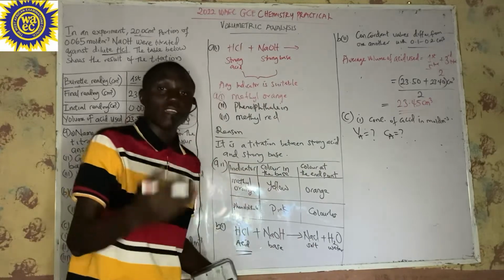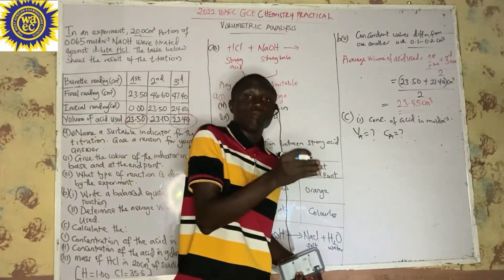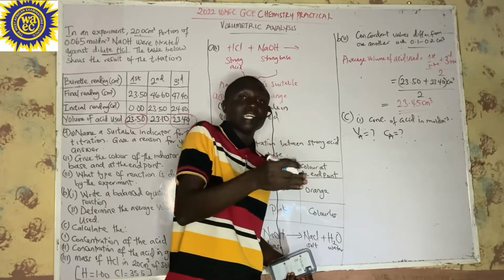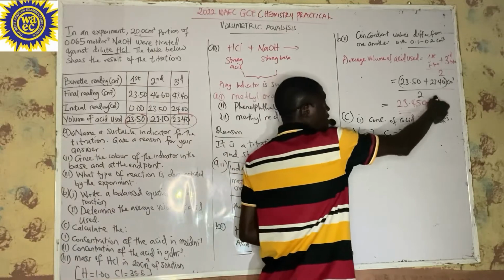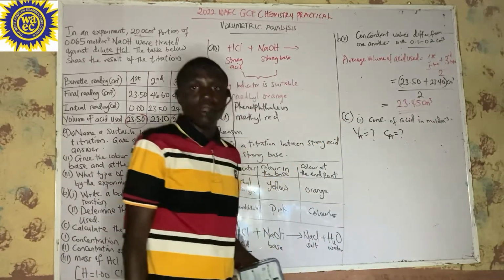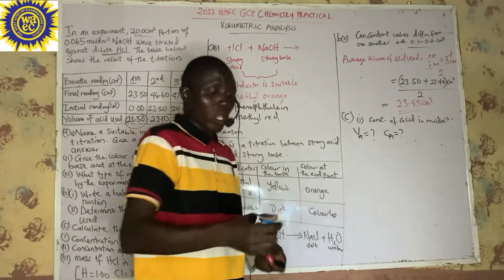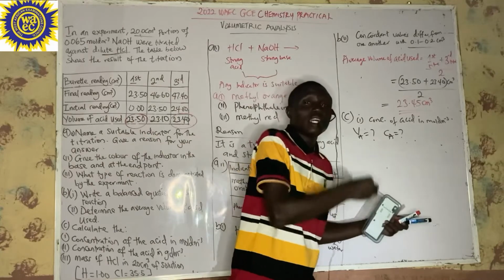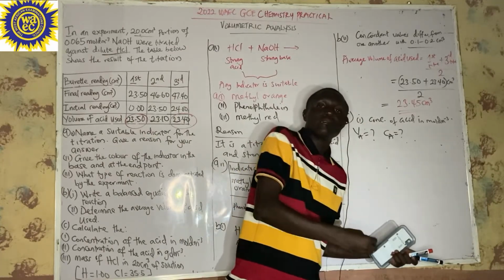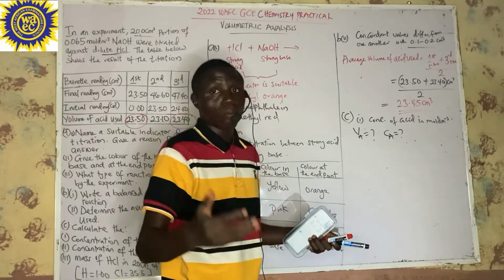The concentration of a substance in mole per dm cube is what we call molar concentration, that is mole per volume. There is another type, concentration in gram per dm cube, which is called mass concentration. This time we are asked to calculate the molar concentration.